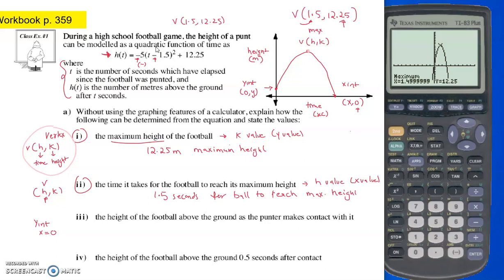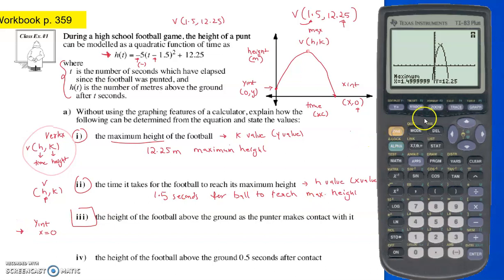Now remember, it also asks for the height of the football above the ground as the punter makes contact with it, which is this point right over here, the y-intercept. So y-intercept is always when x is equal to 0. And how do we find that one? We go second trace and point number 1, where you actually enter what x is equal to, and it will tell you that the height over there is 1.